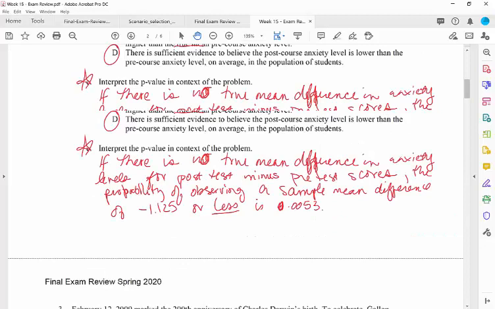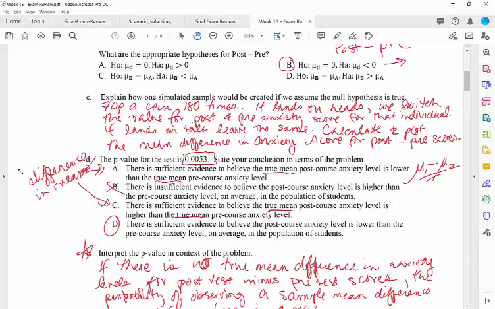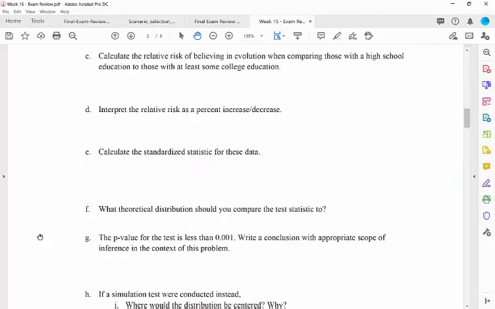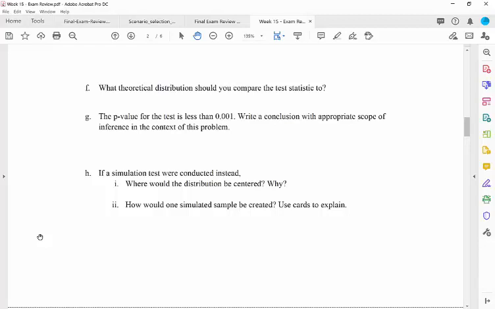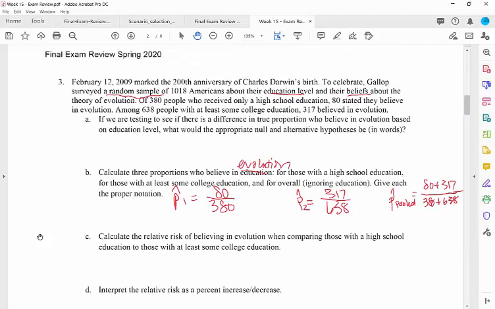Okay, yeah, so let's jump back up here for a second. We already talked about the directions here. So this is our null and alternative for paired. Okay, we talked about this one being a difference in proportions. Do you want them just in symbols or do you want to talk about in words too? Can you do both, please?